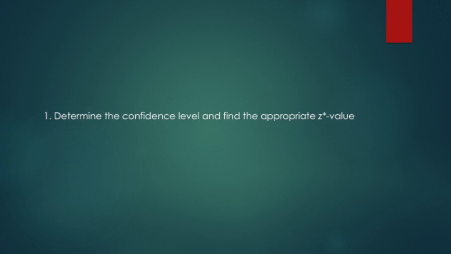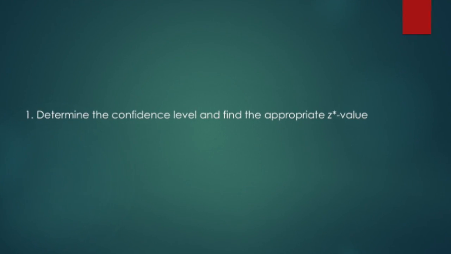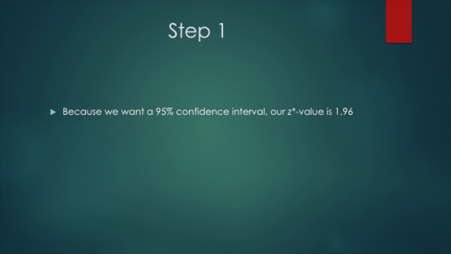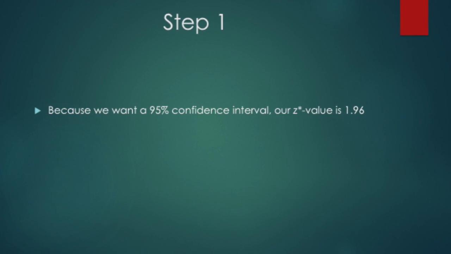The first thing we're going to need to do is determine the confidence level and find the appropriate z-value for our selected confidence level. Because we want a 95% confidence level, our z-value is going to be 1.96, which is found on the z-tables. Our next step is to find the sample proportion.